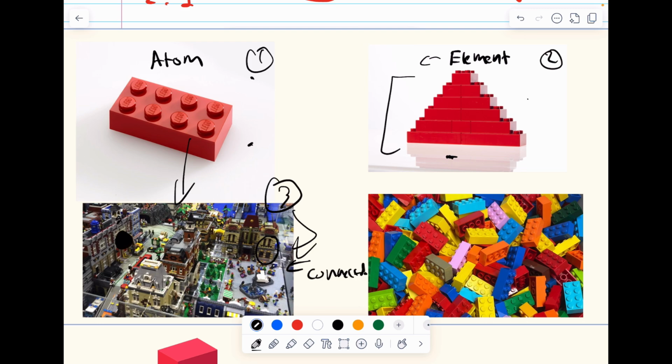I have to take off this building, take the piece out, and then put the building back on. So that's what a compound is. It's made up of two or more elements chemically bonded together. So there's a bond, it's hard to break, and there's a chemical reaction that's needed. And that's what it is.